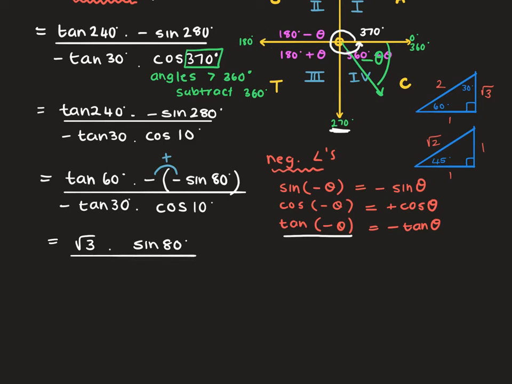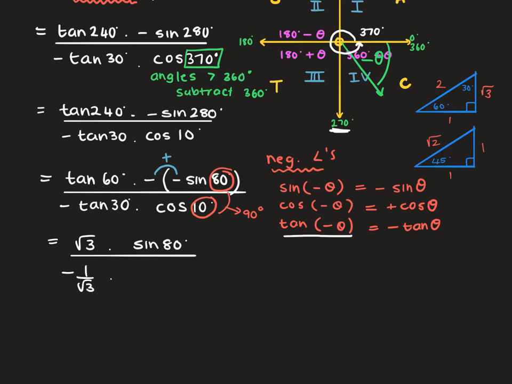But I see this juicy 10 degrees sitting in the denominator and 80 degrees in the numerator. And what do those add up to? 90 degrees. So we're going to simplify those using our co-functions. But let's not get ahead of ourselves. We need to deal with negative tan 30 first. So tan of 30, opposite over adjacent, that's going to be negative 1 over root 3.